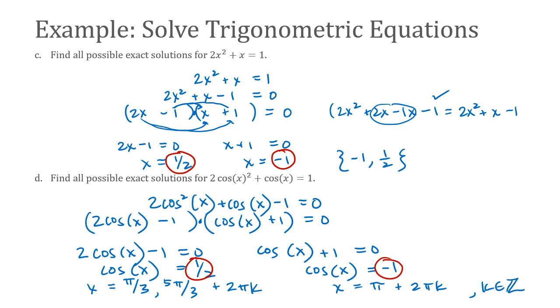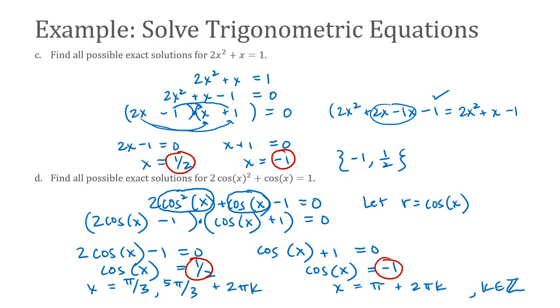K is some integer. So from the very beginning, let's just say that part D is what we started with. Keep in mind that what we really have here is 2 times some function squared plus 1 times that same function, but not squared. So we may have been able to say something like, let r equal the cosine of x.